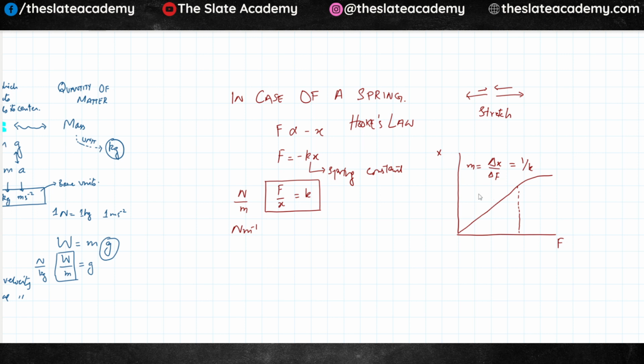If the force-extension graph is drawn this way, with force on x-axis and extension on y-axis, the gradient would be 1 over k, the reciprocal of the spring constant. Understood, sir?